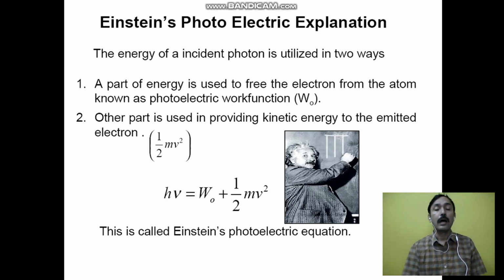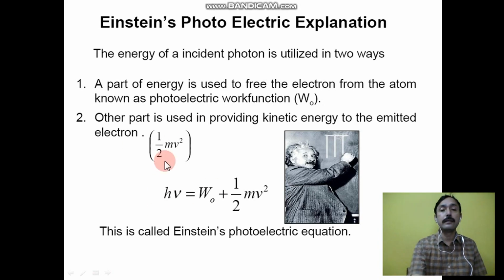Number two, the other part, that means the excess of the incident energy, is used in providing kinetic energy to the emitted electron, that is equal to half mv square.